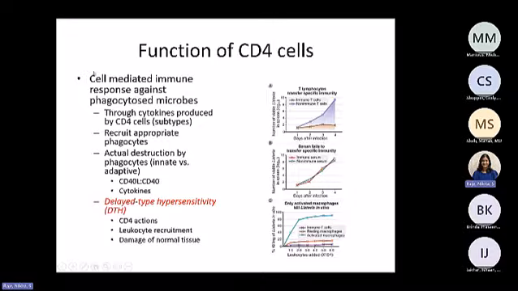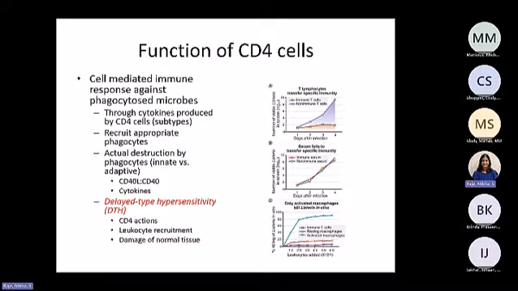All right, so we know that this function of CD4 T cells in helping the phagocytes occurs because of that second signal, CD40 ligand with CD40, along with some of the cytokines that are released.